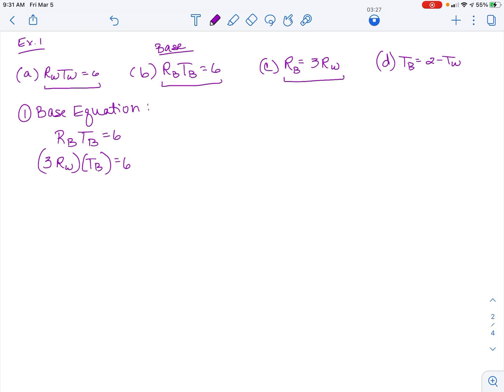But notice what I did. All I did is I took rb and substituted in 3rw, and where did I get that? Right up here up top with equation C. Okay, so that's all I did. Instead of writing rb again down here, I wrote 3rw in place of rb.